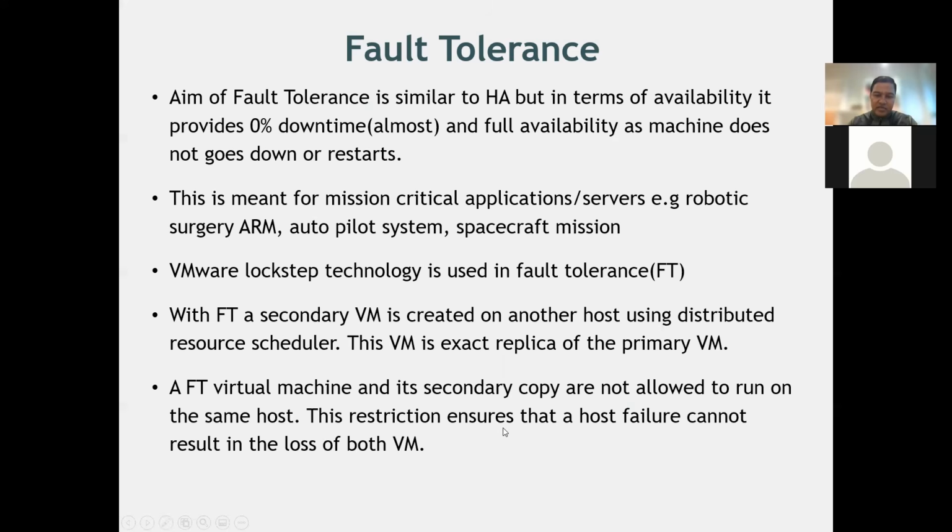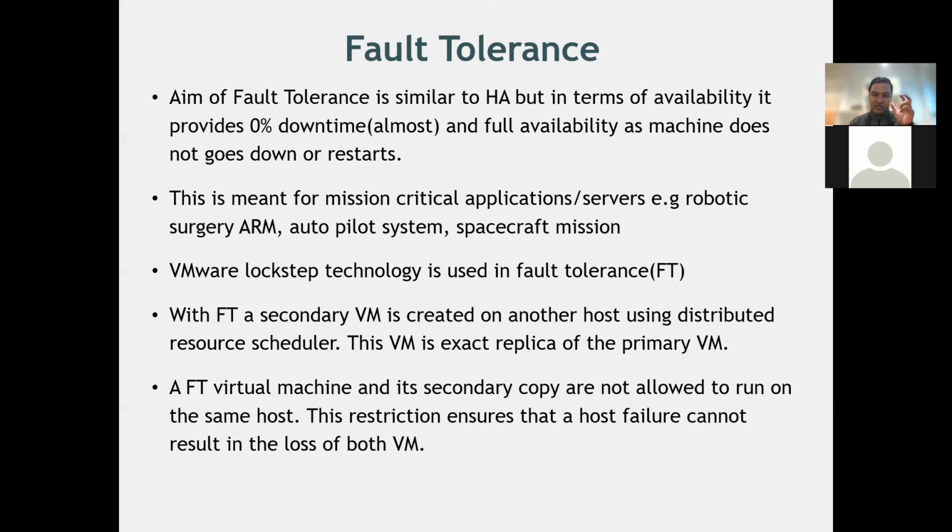This restriction will ensure that a host failure cannot result in the loss of both VMs. If all the copies were running together on the same host and it crashed, we would lose them all. So the primary virtual machine and the secondary virtual machine will not be on the same host, which means they will not be on the same physical hardware.